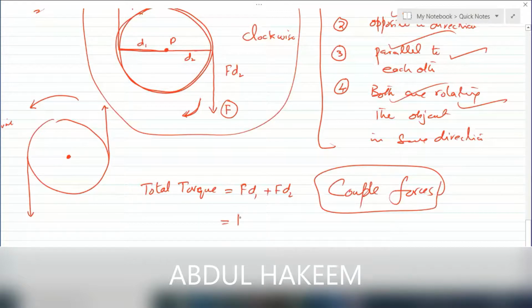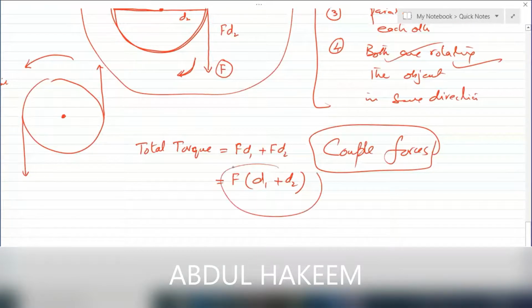So look, F common, D1 plus D2, and this is the torque due to the couple forces. That's why it is also called couple torque. And the formula is F times D1 plus D2.